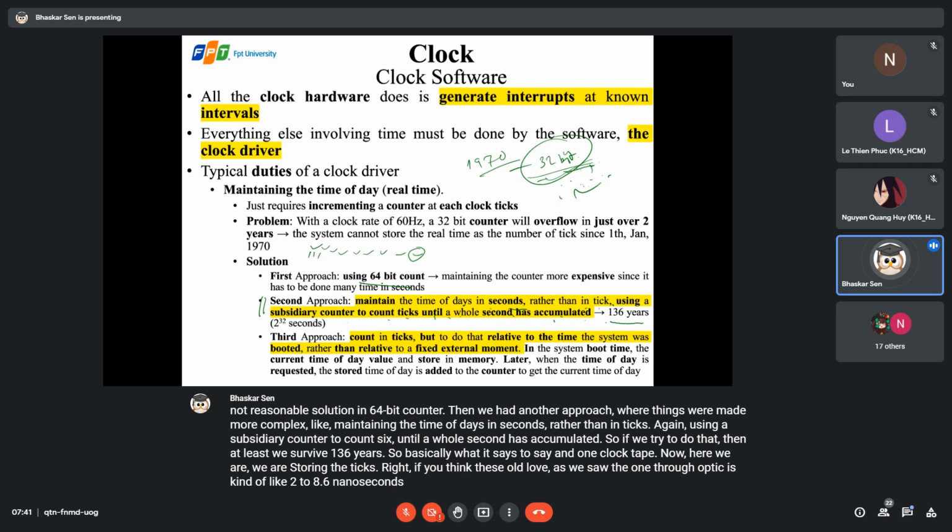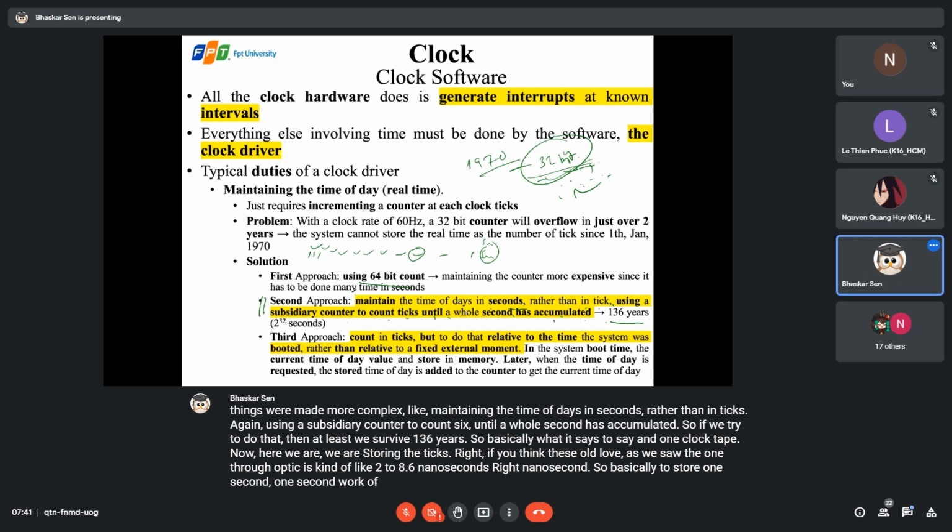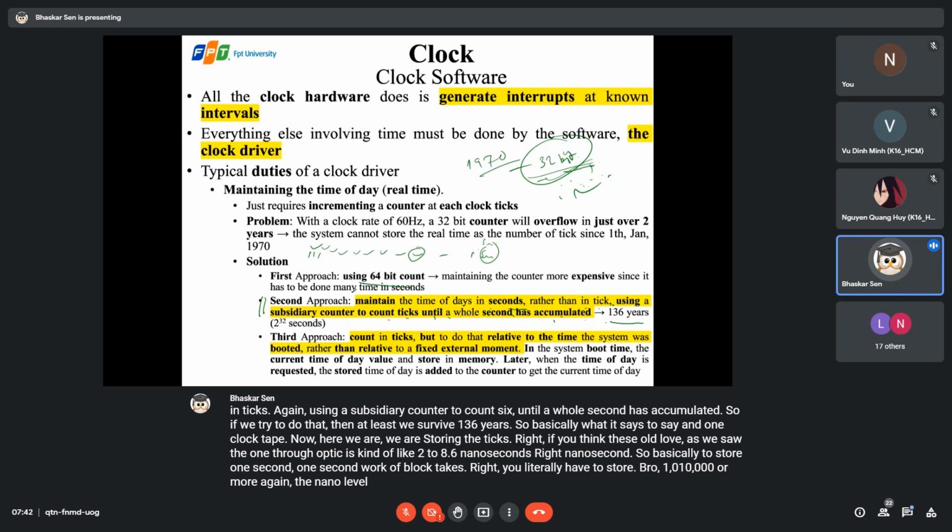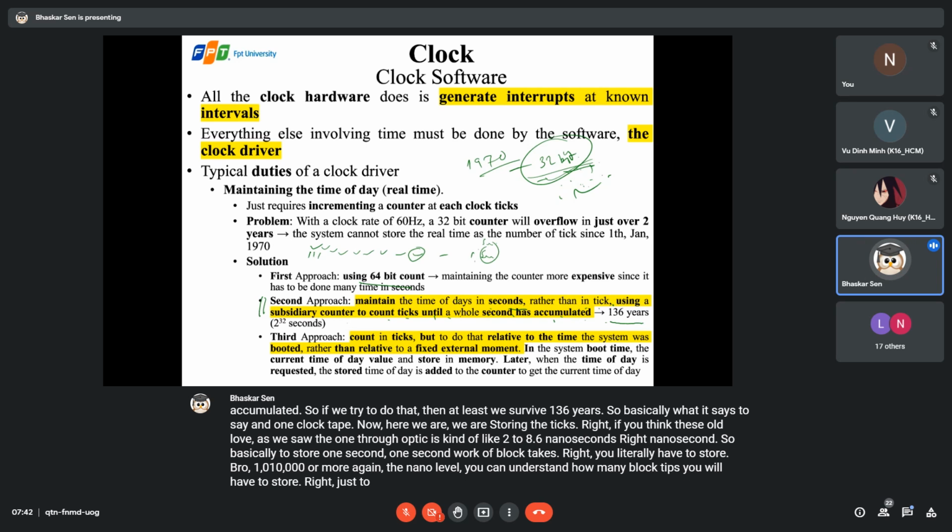So to store 1 second worth of clock ticks, you literally have to store 1,000 or 10,000 or more. At the nano level, you can understand how many clock ticks you will have to store just to save 1 second.